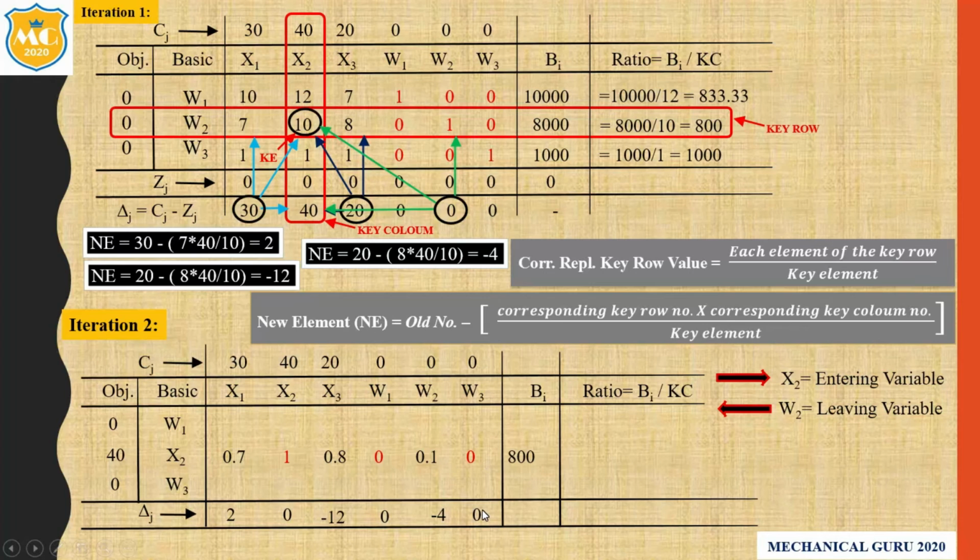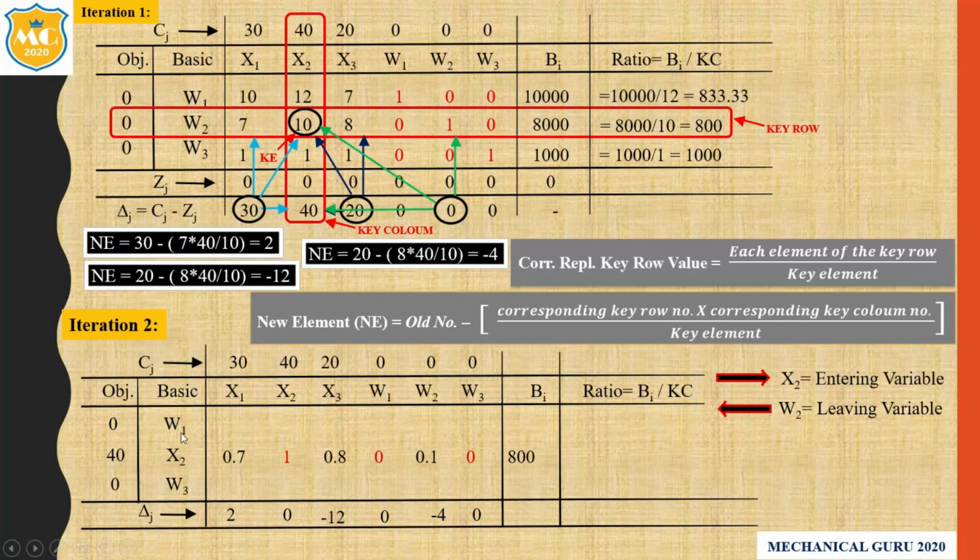Here again 0. Now our identity matrix is 1 0 0, 0 1 0, 0 0 1. Here I will give you some tips or tricks. Our basic variables are w1, x2 and w3. Just follow this: for x2, we already found this value; in the x2 row put 1, and the remaining, w1 and w3, are 0.